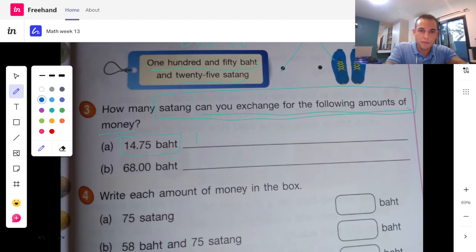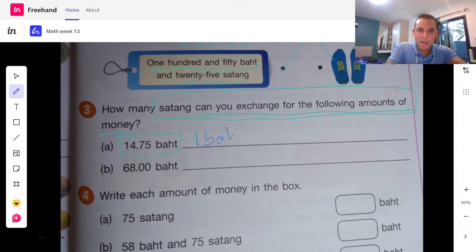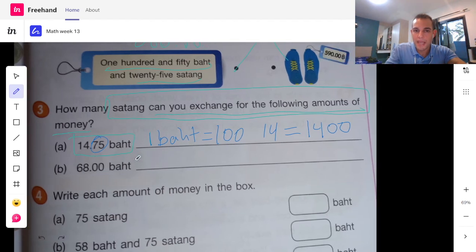Okay, so if 1 baht equals 100 satang, 14 baht equals 1400. So then we also have the 75. So the answer would be 1475 satang.